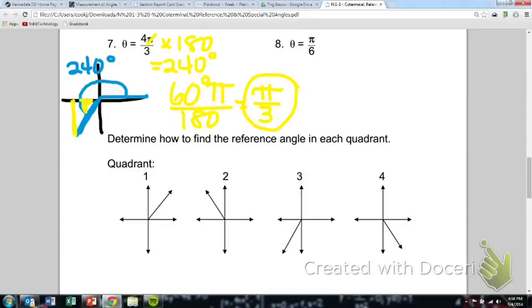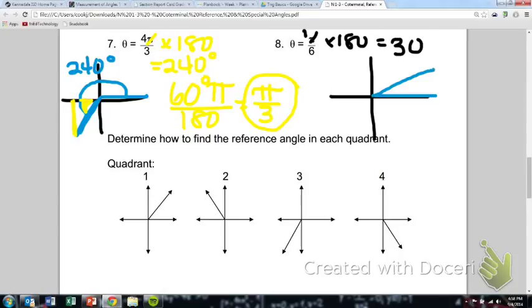So let's try pi over 6. Pi over 6 is the same as, if you cancel the pi and multiply by 180, 30. All right, so 30 degrees is in the first quadrant. This is going to be kind of weird. Let's look at it.